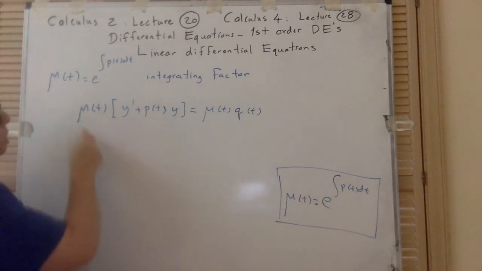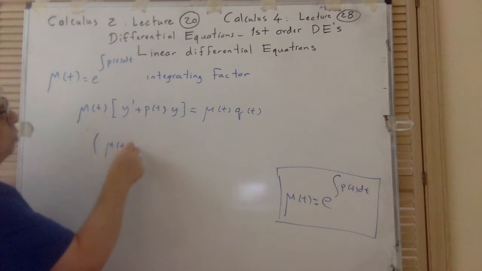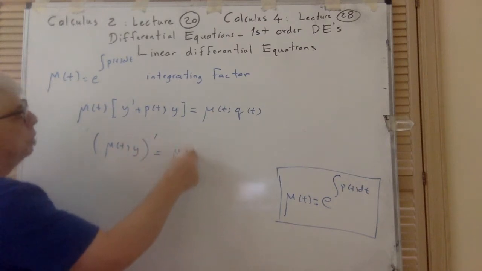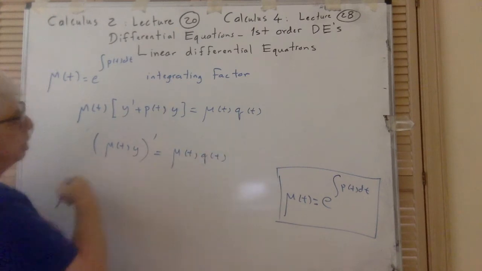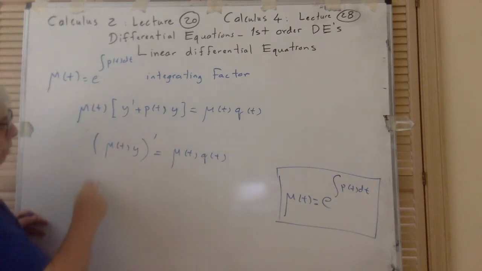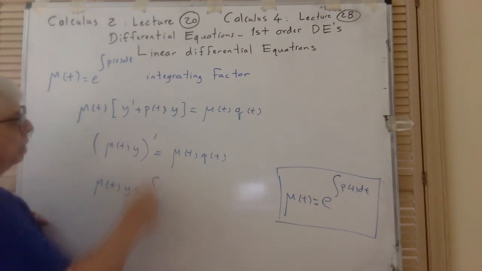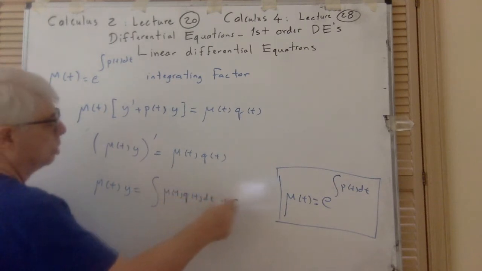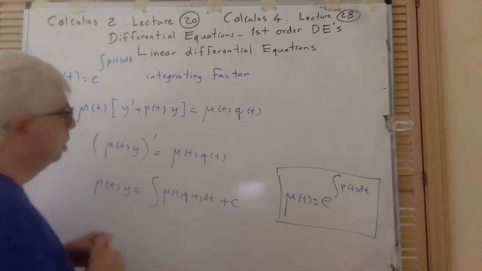So if I do this, this side is in fact mu t y prime, and on this side I have mu t q t. If I integrate, I have mu t y equals integral mu t q t dt plus a constant.